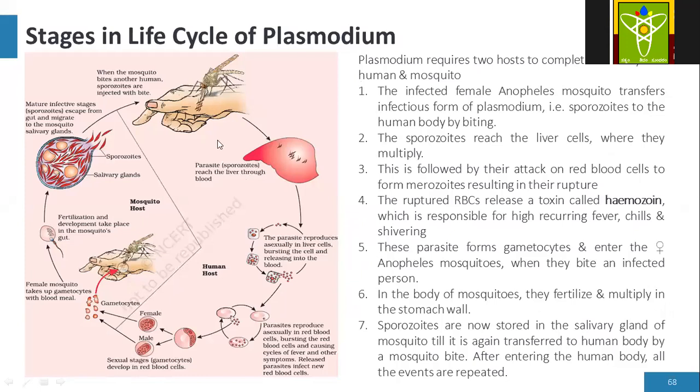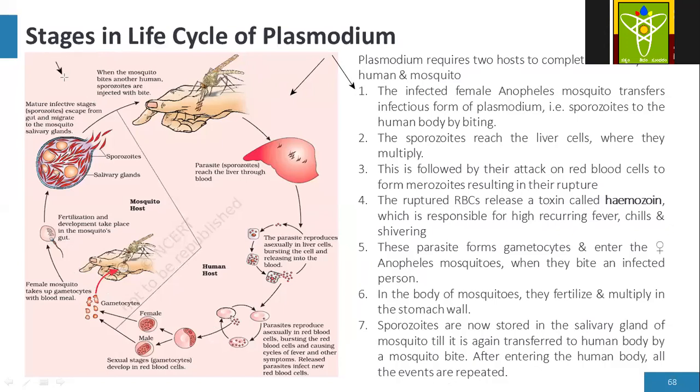Now, questions in the examination, students. Sometimes they will ask you for 5 marks only to draw the diagram. Then only on this left-hand side, the complete cycle you have to draw. Your answer is completed. Sometimes they will ask only for the explanation, then write these 7 points, and your answer is completed.